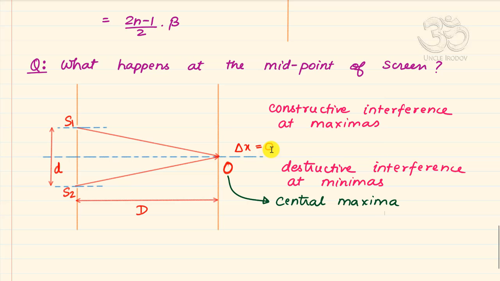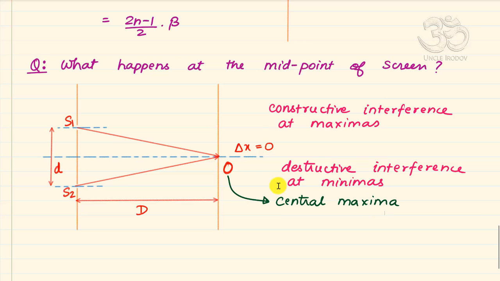But if I go for some non-traditional Young's double slit experiment settings, where I'm going to play around with this slit S1 or maybe this slit S2, so that at this point I no longer get the value of delta x equal to 0, then I have to locate that point where delta x is 0, and that will be the new location of central maxima. So please keep in mind that central maxima is not the maxima that is there at the center.